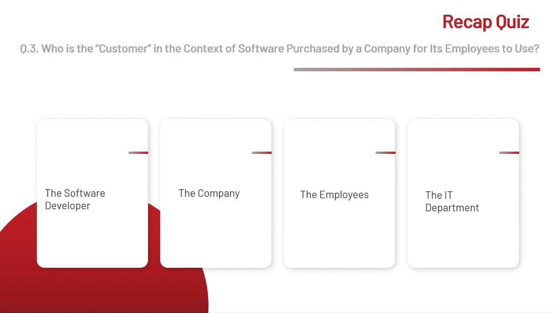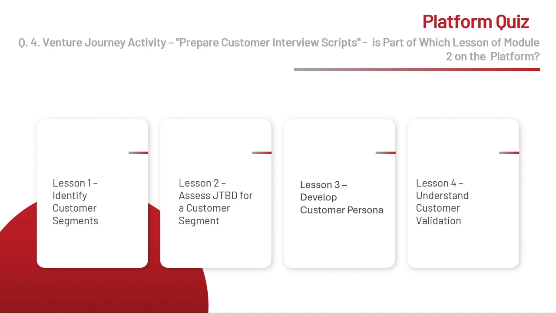Who is the customer in the context of software purchased by the company for its employees to use: the software developer, the company, the employees, or the IT department? In the venture journey activity, prepare customer interview script, which lesson of the module does it belong to? You already came across all this, so you know the answers.